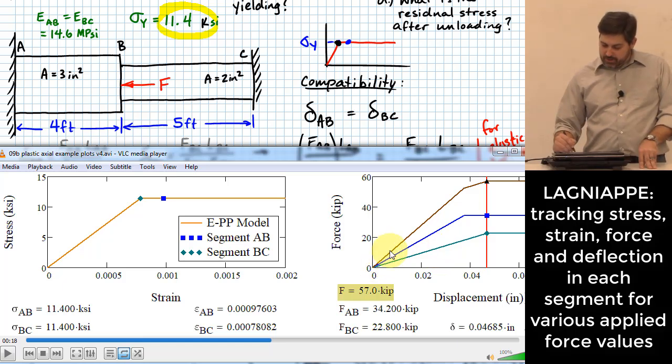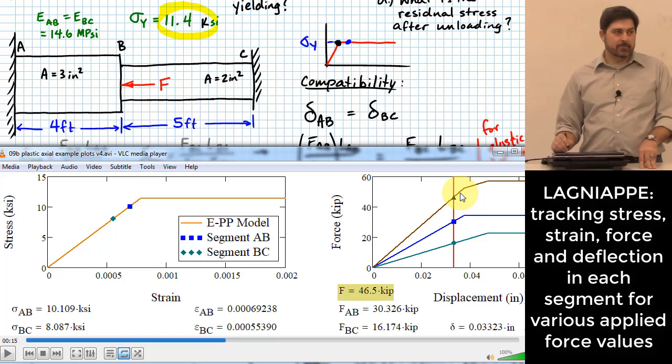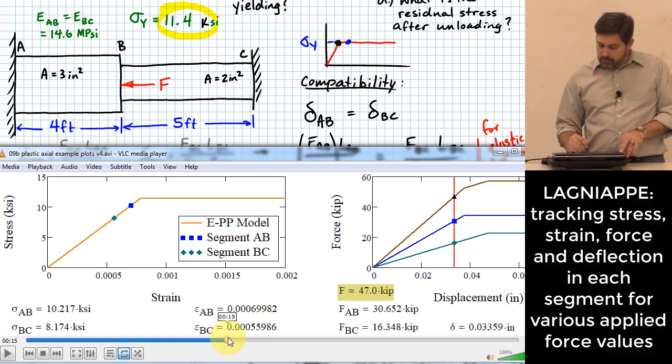Up here is the force-displacement curve for the entire rod. This is the entire amount of force being applied, and you'll notice the same type of thing happens. Whenever we're doing force-displacement, remember, displacement is the same for both segments of the rod, so these points always line up, which is why I showed that vertical line. But as you go along, AB hits its point where it becomes plastic first.